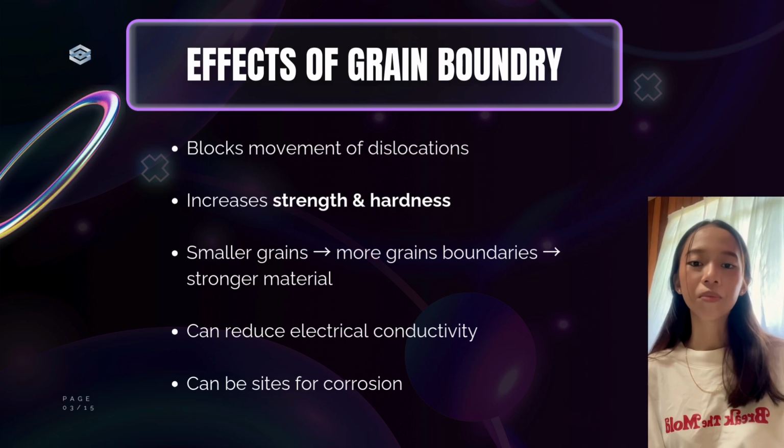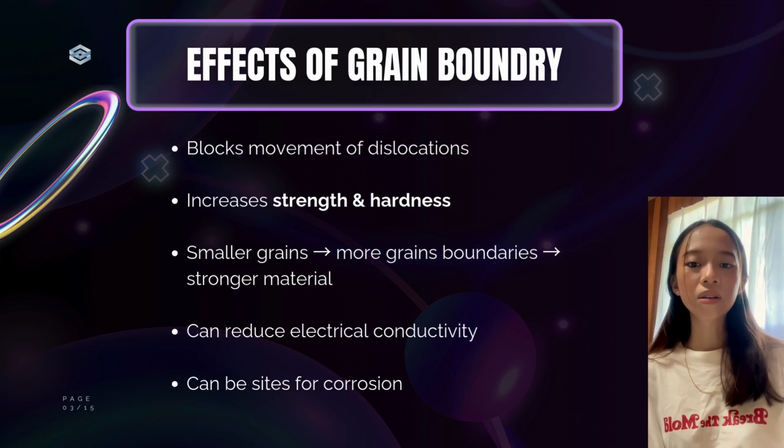However, grain boundaries can also reduce electrical conductivity and can act as sites for corrosion. In conclusion, grain boundaries play an important role in determining the mechanical and physical properties of materials.